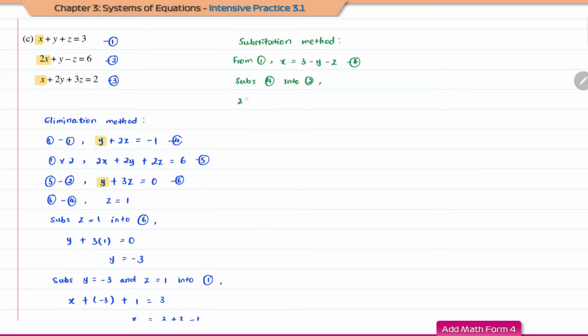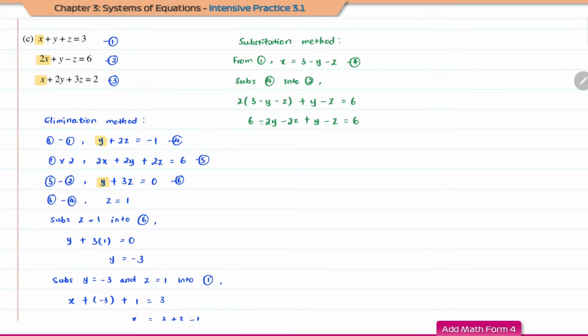So first, substitute equation 4 into 2. You're going to have 2 brackets. So the x is 3 minus y minus z, plus y minus z equal to 6. Then expand this. You're going to have 6 minus 2y minus 2z plus y. Next I'm going to solve for the like terms.